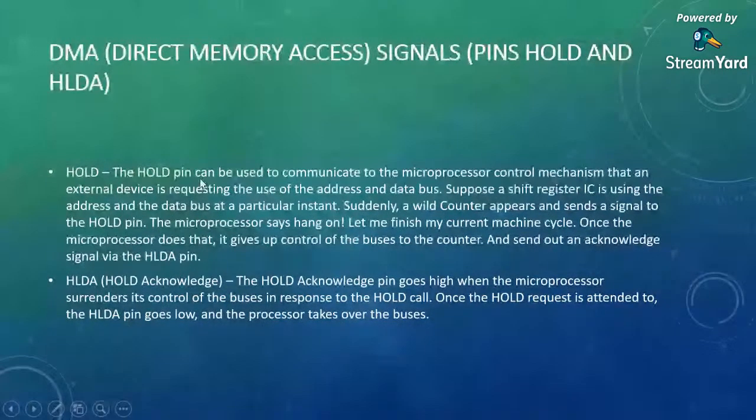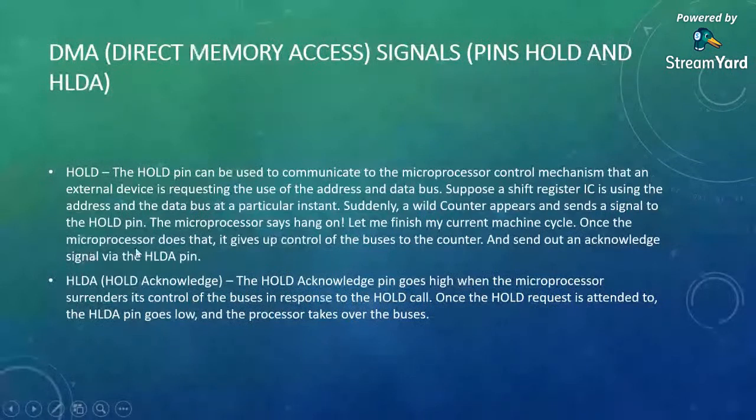So hold is used to communicate between the microprocessor and an external device. Usually an external device requests the use of the address and data bus, suppose a shift register or counter, and sends a signal to the hold pin. And then the microprocessor says, hang on, let me finish the current machine cycle.